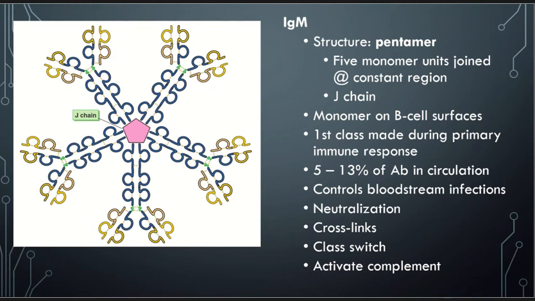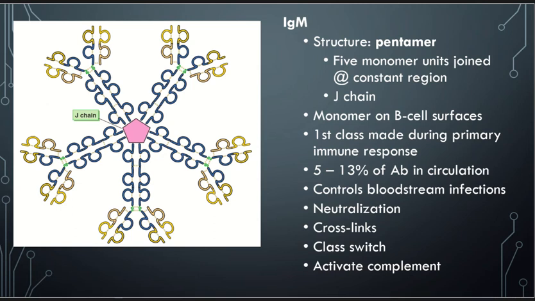So as I was saying, IgM can form a pentamer, with 5 monomers in one complex, and that makes it super efficient at what it does.